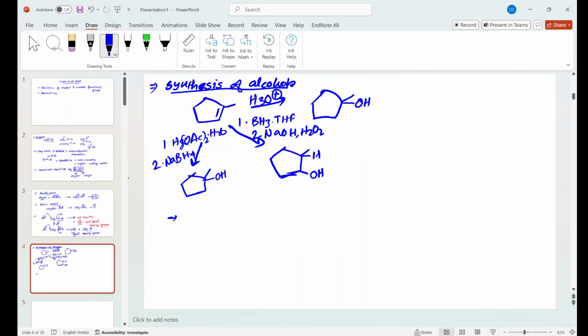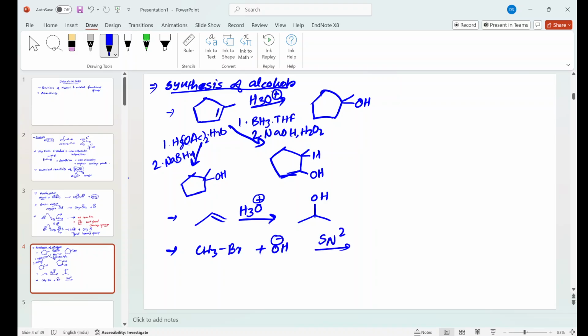Then also, you can react any alkene in the acidic medium so that you will end up with the more substituted hydroxylated product. You can even think of some substitution reactions, say for this very preliminary alkyl bromide, you can use one nucleophile so that it will go through an SN2 mechanism and then we'll end up with the desired alcohol.